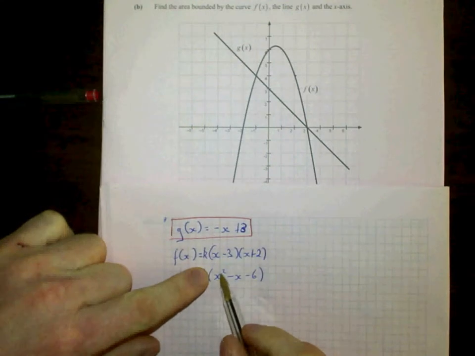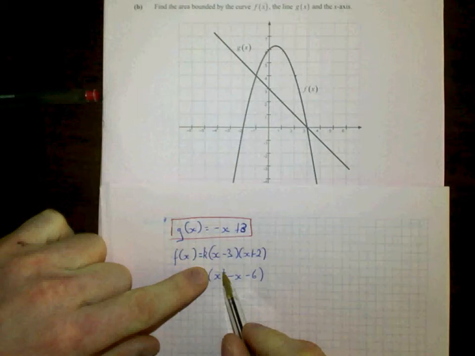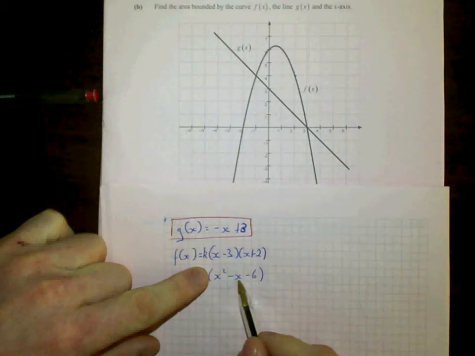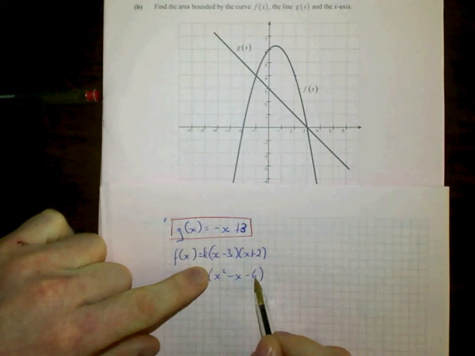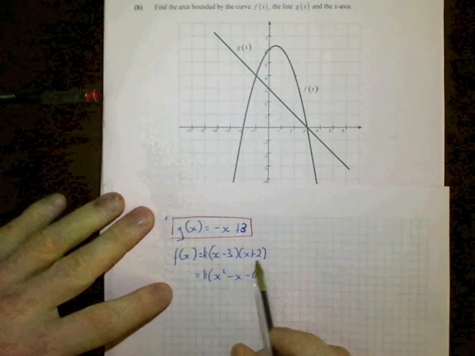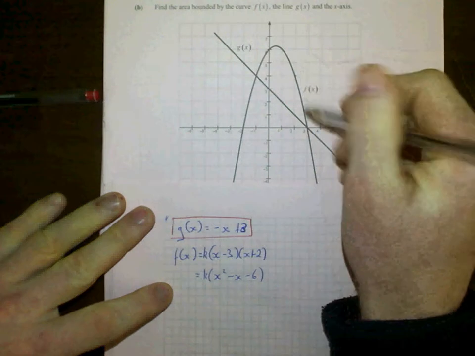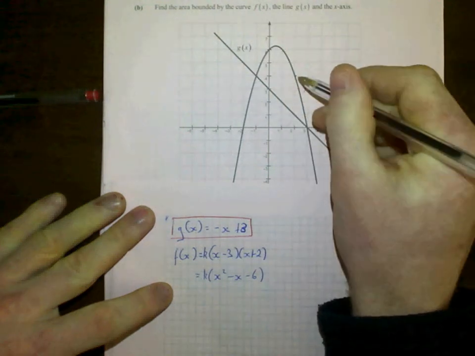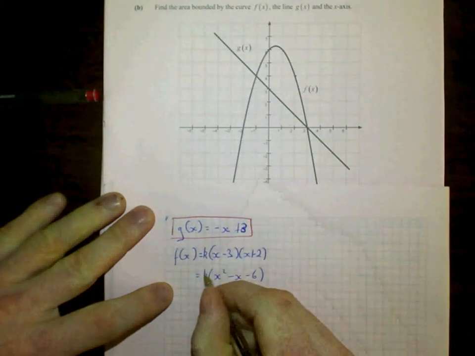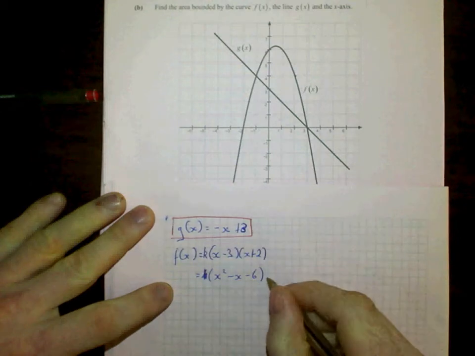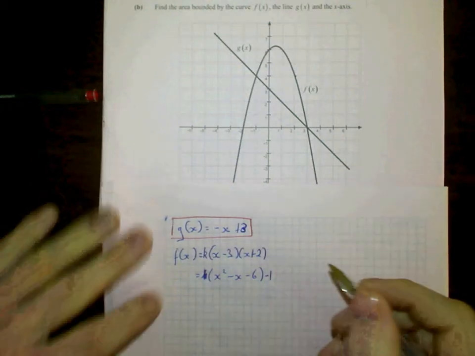I get 2 squared, which is 4, minus 2, which is 2, minus 6, which is minus 4. So I know I'm looking for 4, I got minus 4, so maybe k is going to be minus 1.